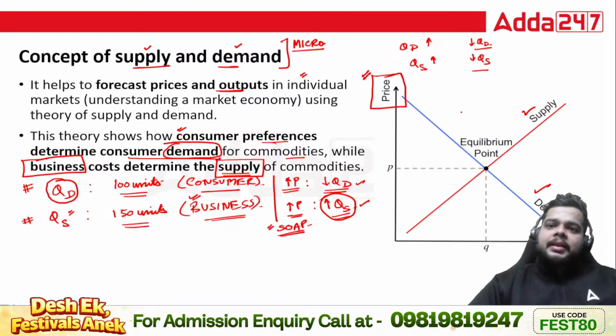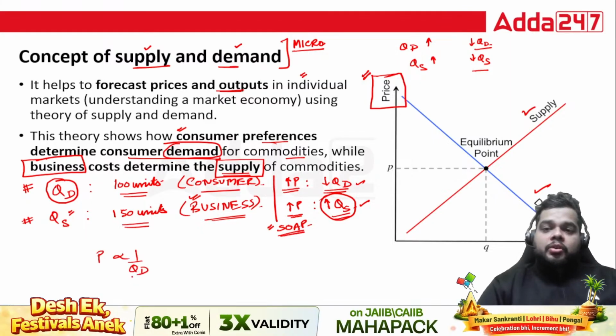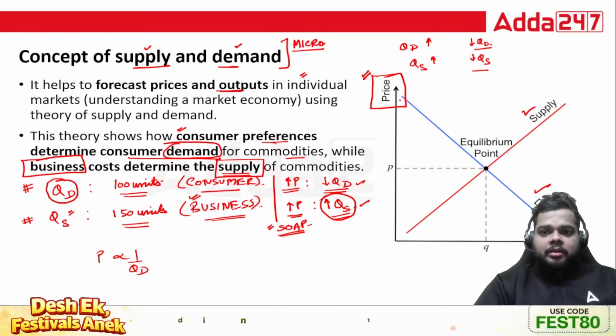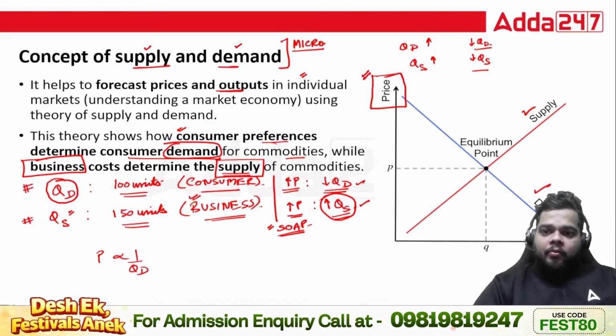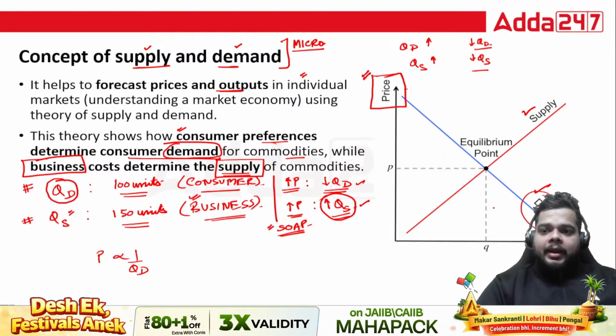Now, as the relationship of price and quantity demanded is an inverse one, you will find that the graphical representation also has a downward slope. This blue one is the graphical representation of price and quantity demanded. So a downward slope will be there.